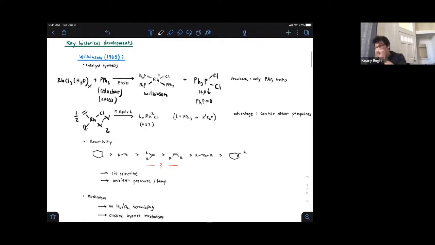Another advantage of this route is that you can titrate in your ligand to metal ratio by controlling the equivalents of the phosphine, something that you can't do when you also need to use the phosphine as a reductant.